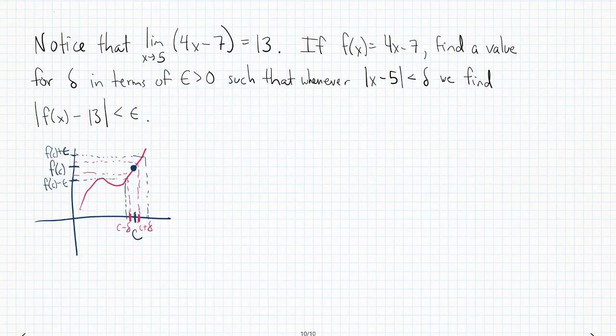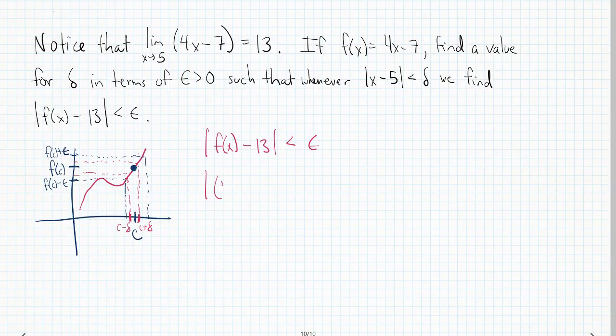So let's see this at work. Let's assume we start with the absolute value of f of x minus 13 is less than epsilon, right? So what is f of x? We want to pull out the absolute value of x minus 5 in terms of epsilon somehow. So f of x is just 4x minus 7, and then minus 13, that's less than epsilon. Can we get this factor out of here?